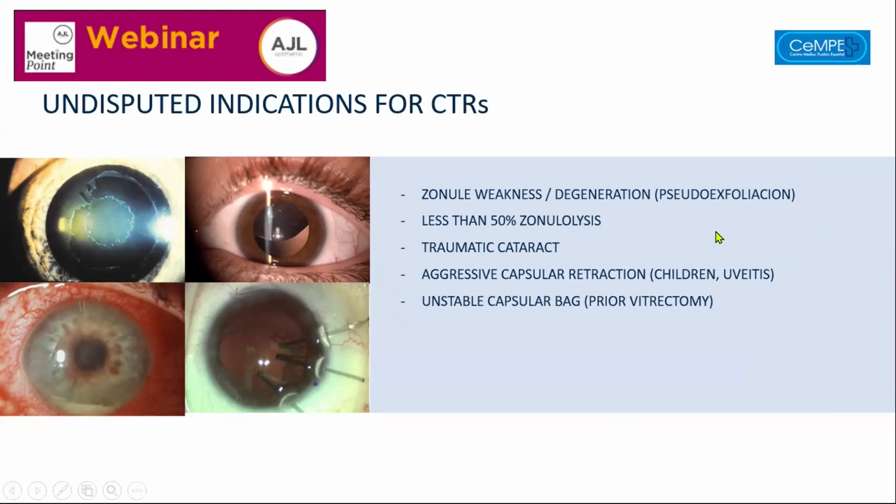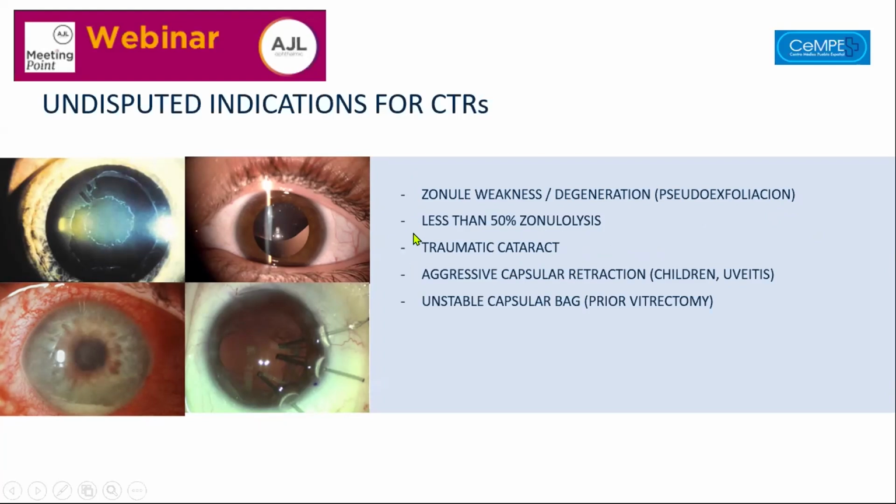It doesn't matter if you see it in the pre-op or during the surgery, if you notice any zonular weakness, you must put in a capsular tension ring. Cases of zonular lysis, like for example Marfan syndrome, if you have a zonular lysis smaller than 50%, then you can solve it by implanting the right size of capsular tension ring.